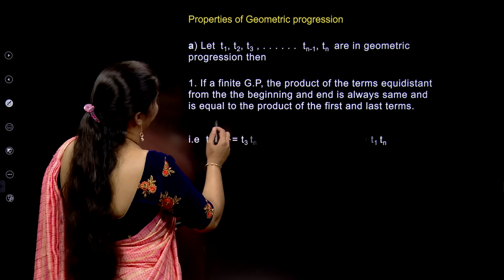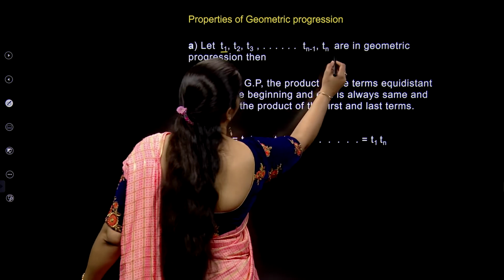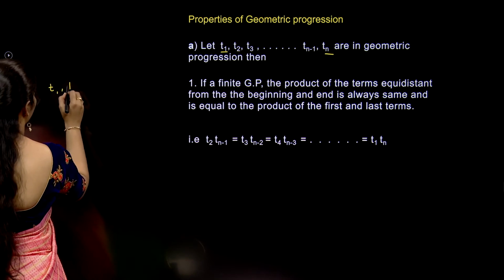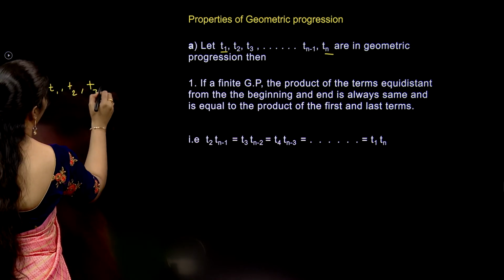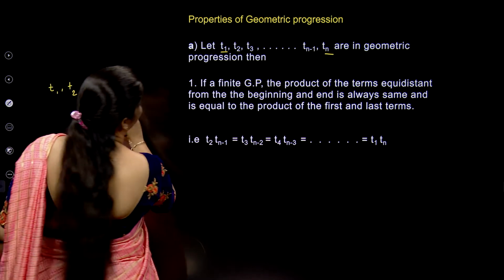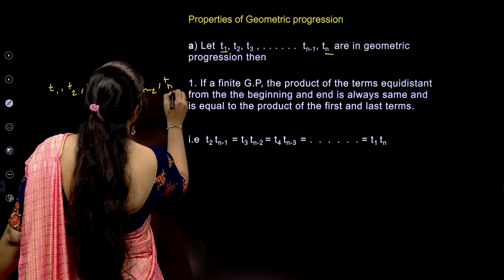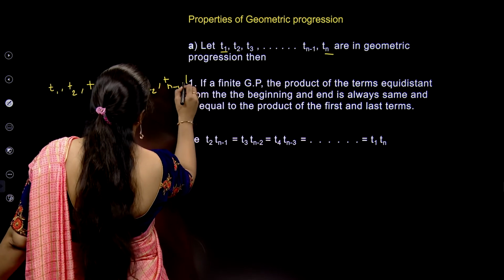It means T1 Tn. What is the series? T1, T2, T3 and so on, next, Tn minus 2, Tn minus 1, Tn.